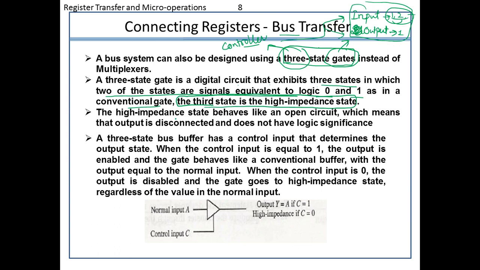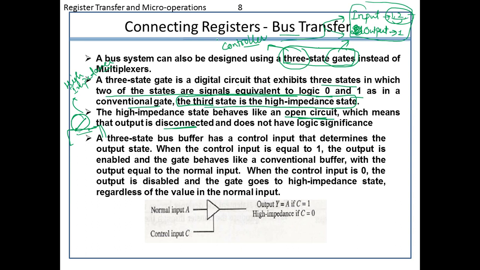Okay, so the high impedance state behaves like an open circuit, which means that the output is disconnected. You remember whenever in physics we used to design circuits, there was always a key, and if this key is open, it means the circuit is not complete until the key is closed. So if it is an open circuit, it means it is in the high impedance state. So this is the meaning of the term.